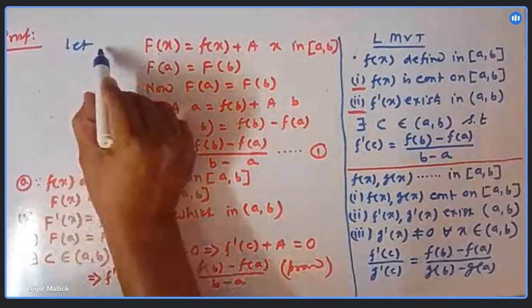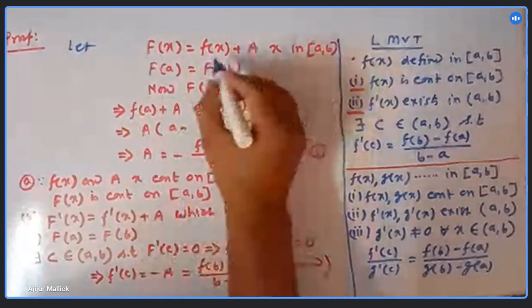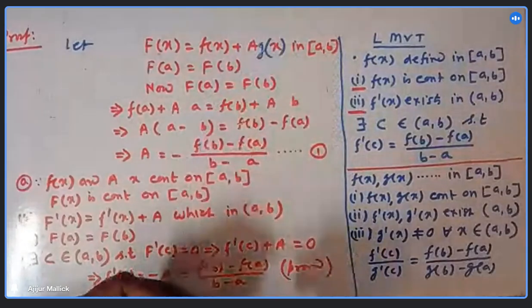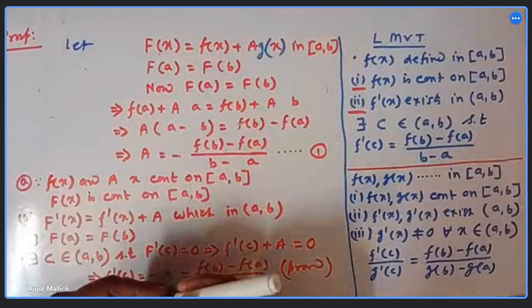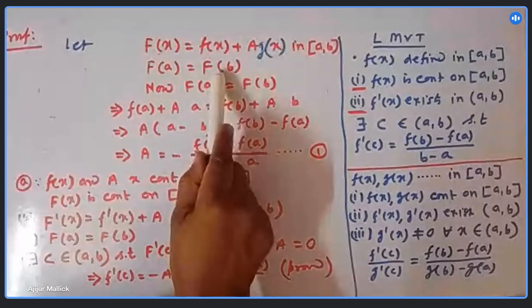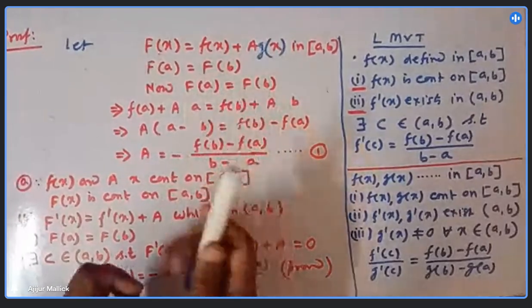Let us consider a function capital Fx is equal to small fx plus a into gx, where f of a is equal to f of b. Now F of a is equal to F of b.